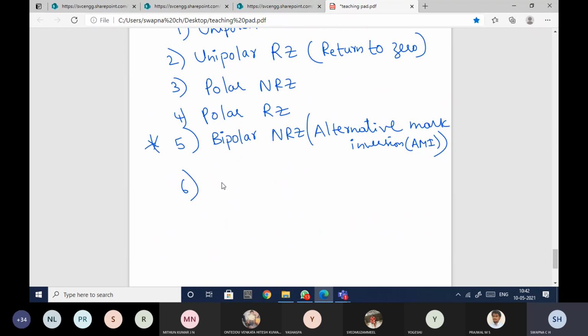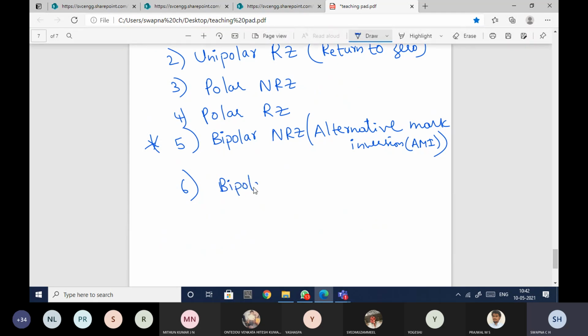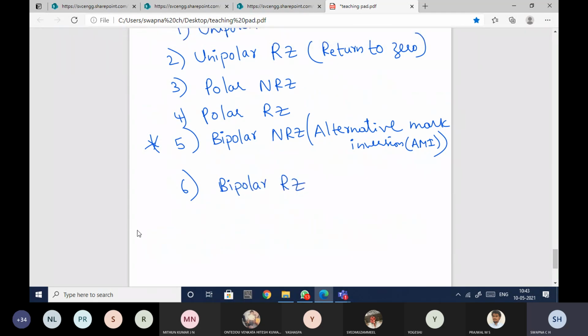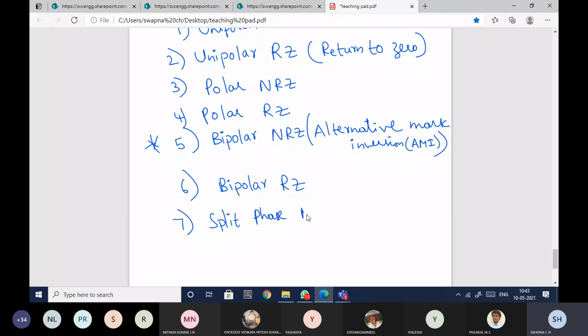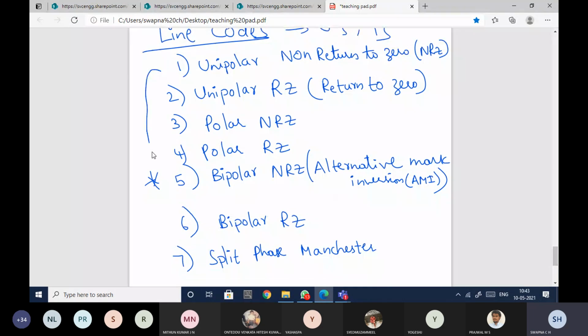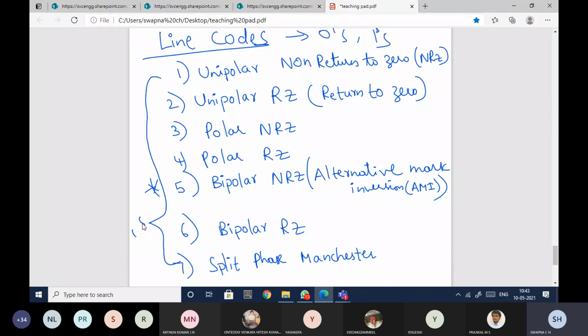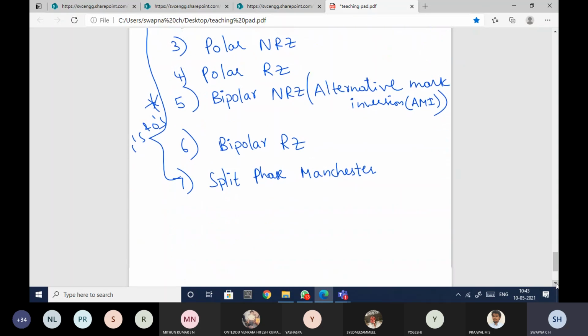Sixth one, bipolar RZ. And the seventh one is split phase Manchester. These are the different codes generally used to represent ones and zeros. If I have ones and zeros that I have to represent in digital form, I'll be using these formats. First we'll see one after the other.